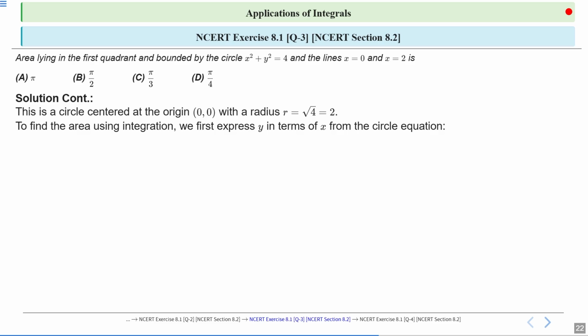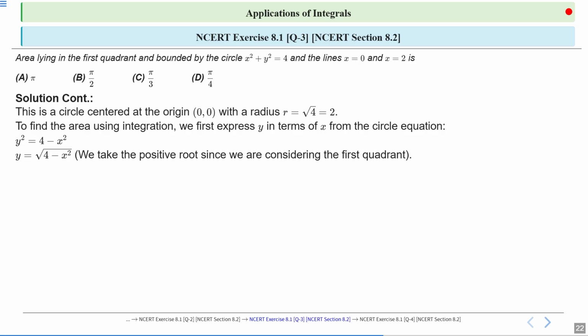But if we take the horizontal strip, then the limit is complicated, that is y equal to 0 to root under 4 minus x square, so we just take the vertical strip. So y square is equal to 4 minus x square, so y is equal to root under 4 minus x square. Why? Because we are considering the first quadrant.